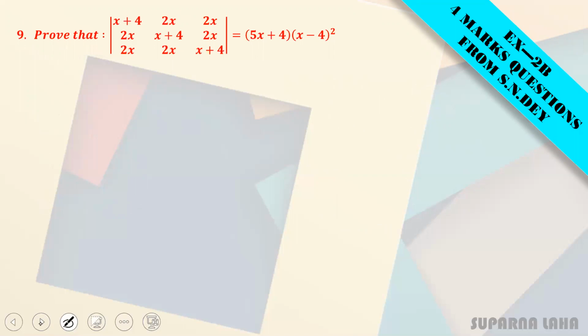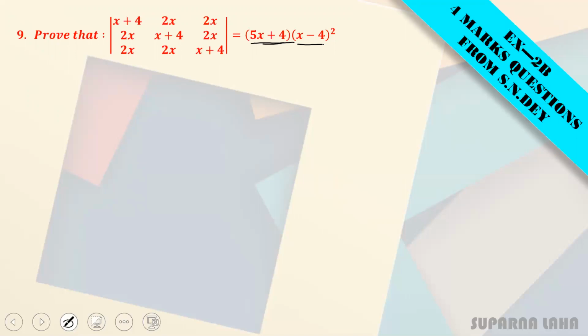An order 3 determinant is given, and you need to show its value is 5x plus 4 into x minus 4 the whole square. The factors here are 5x plus 4 and x minus 4. Firstly I am taking the factor 5x plus 4.